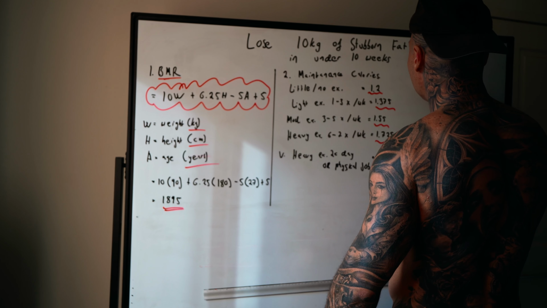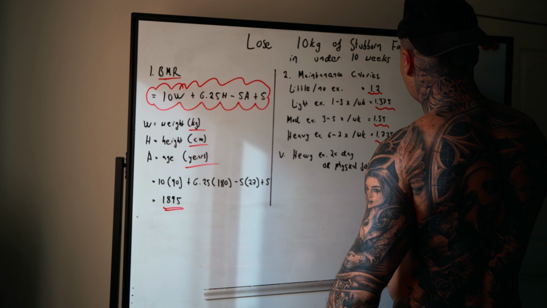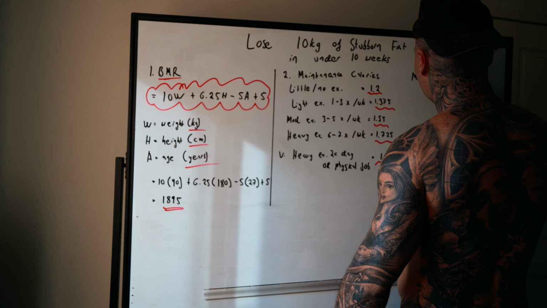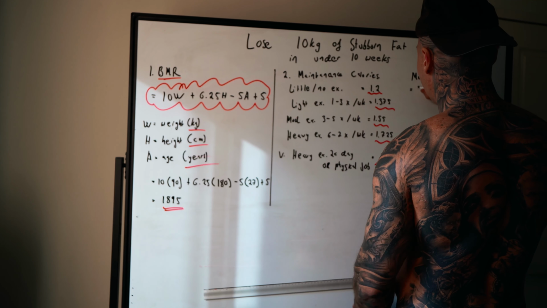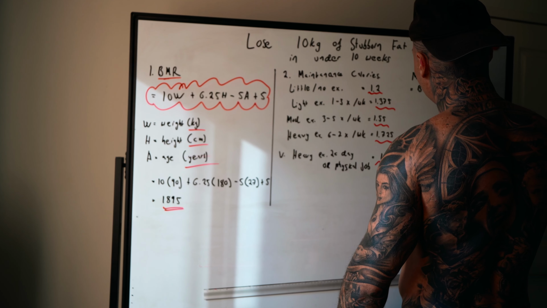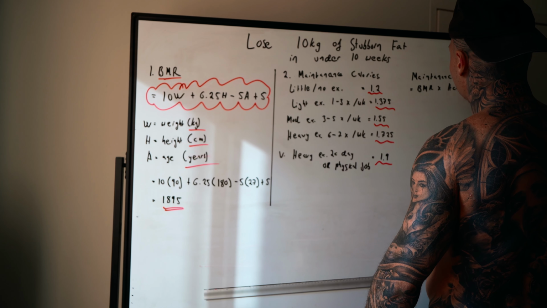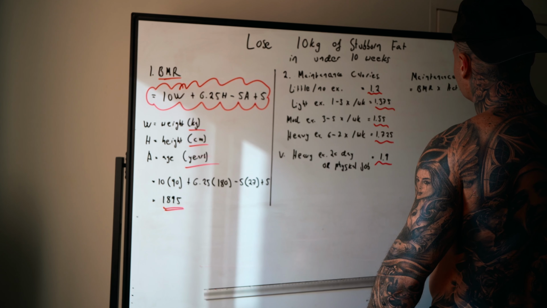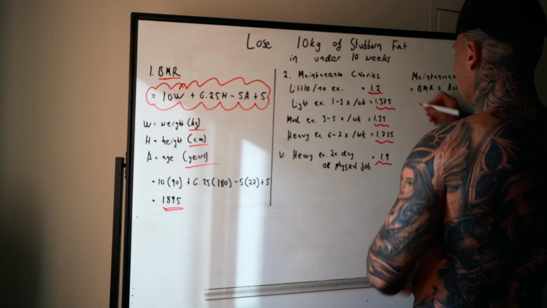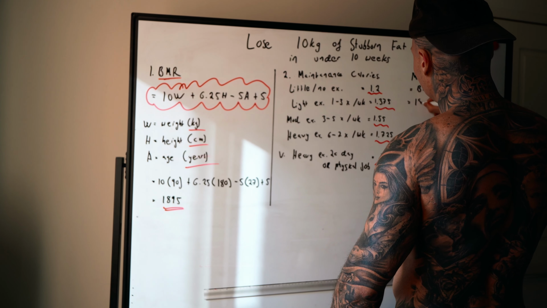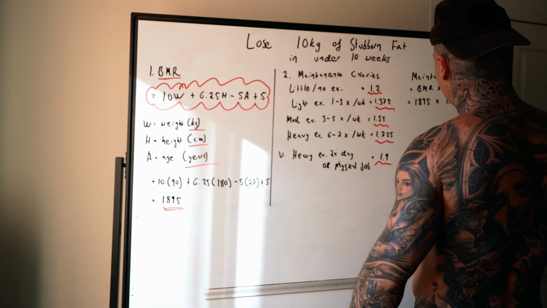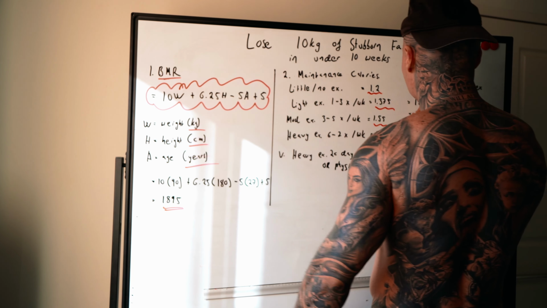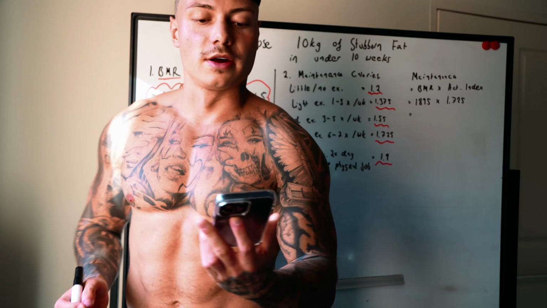So, my maintenance equals my BMI times activity index, which is 1895 times 1.725, which is 3269.